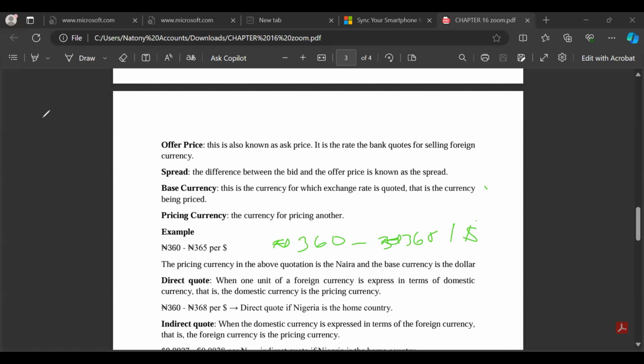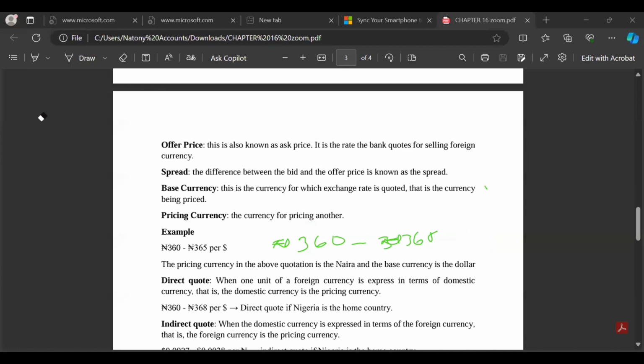The dollar is the currency that is being priced. You are either buying or selling the dollar. So the dollar is the currency that is being priced, and it is known as the base currency.